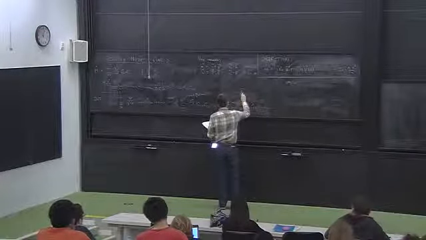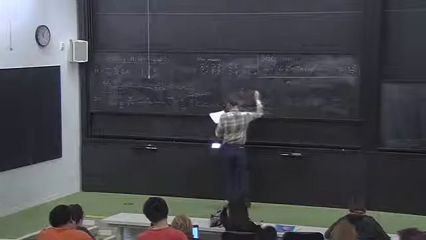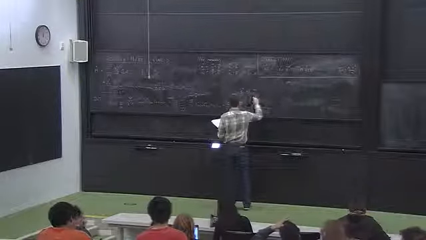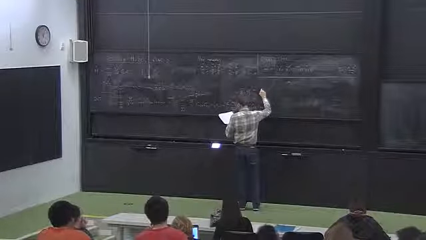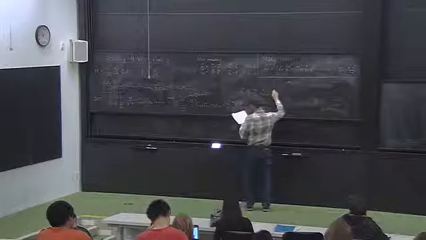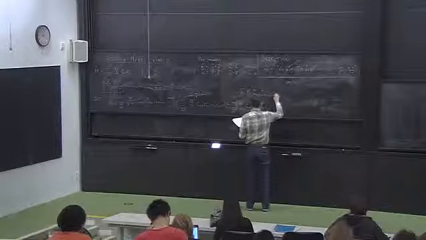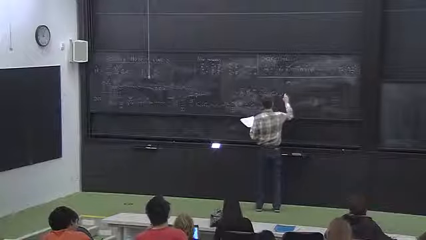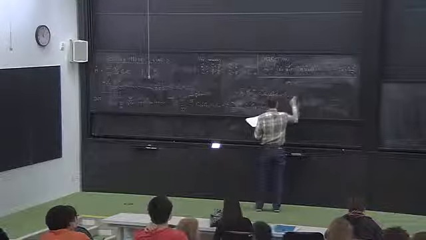E squared over 2v. I take out 4 pi over mu squared. That's just a constant. And then I still have to sum over k, p, alpha, beta. And this commutator does the following: c dagger k alpha, c k alpha, c dagger p beta, c p beta, minus delta kp delta alpha beta.